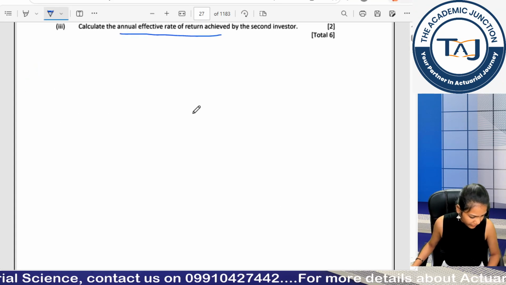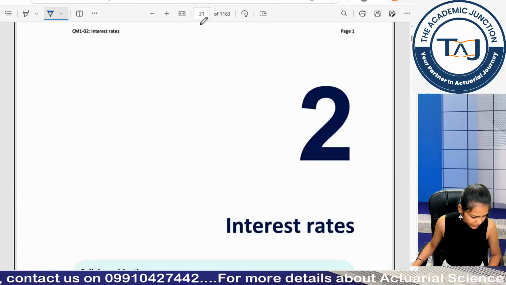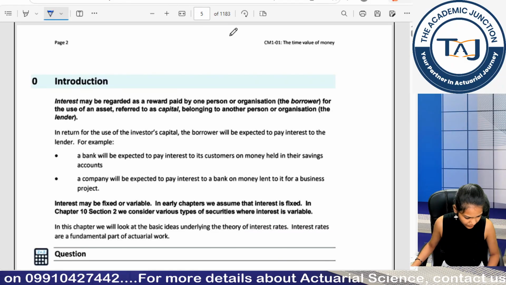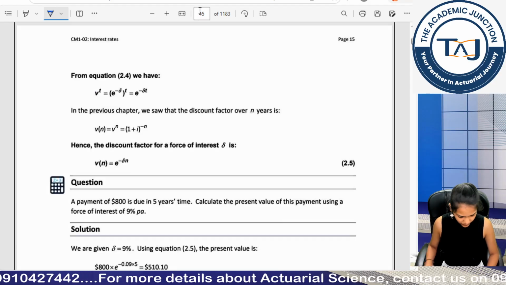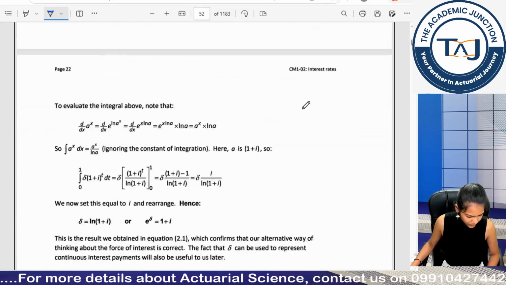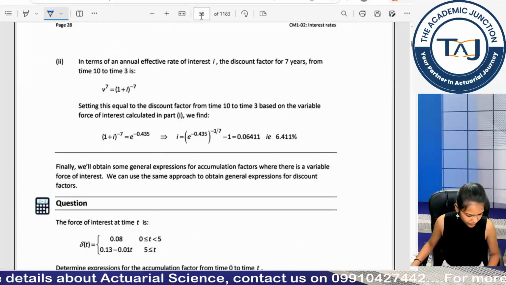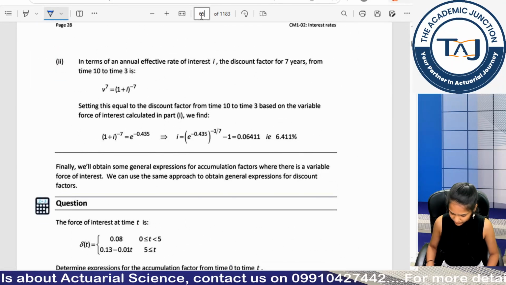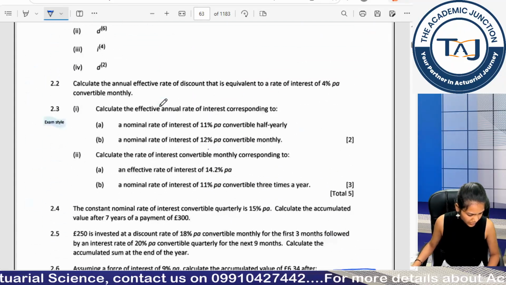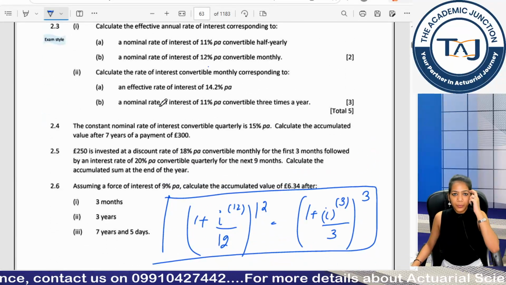Let's take a question from chapter 2. So here we would be doing the 2.3 question, and then we would be moving to the 2.10 question.